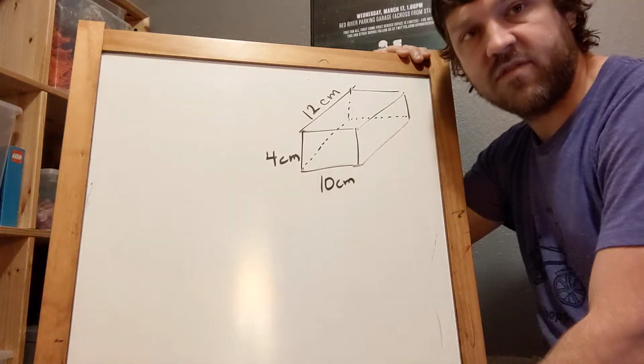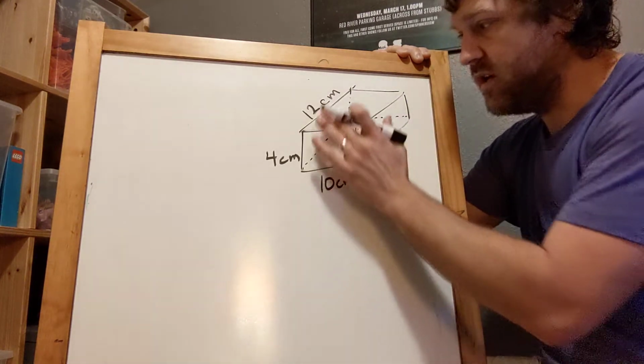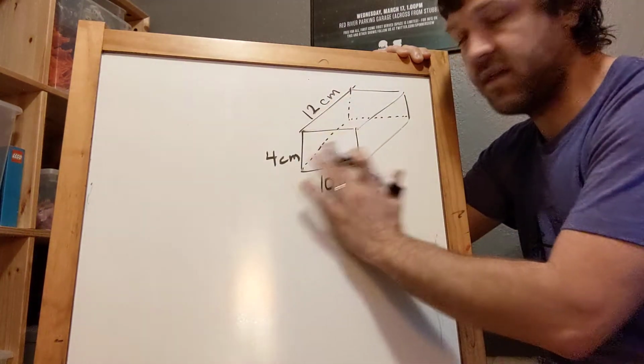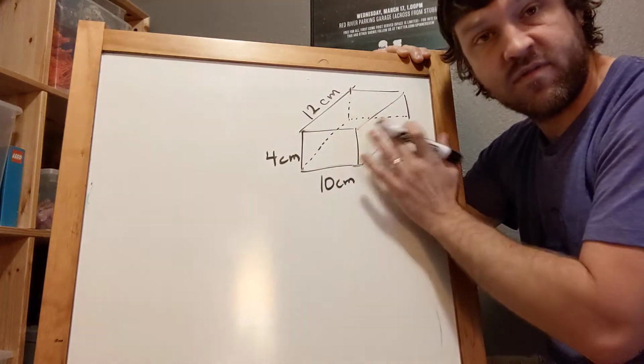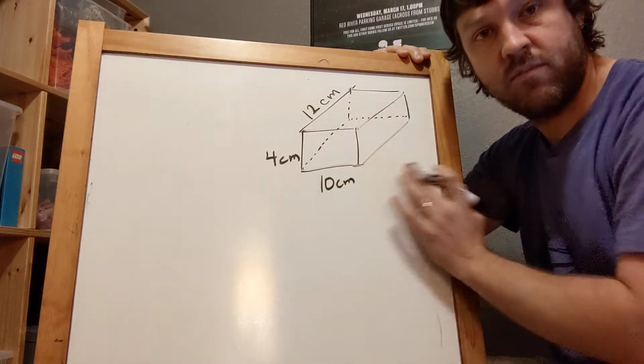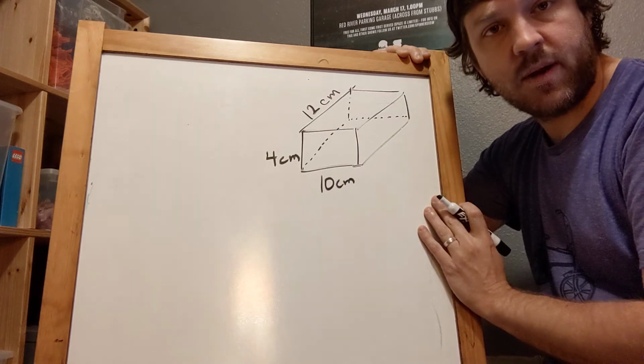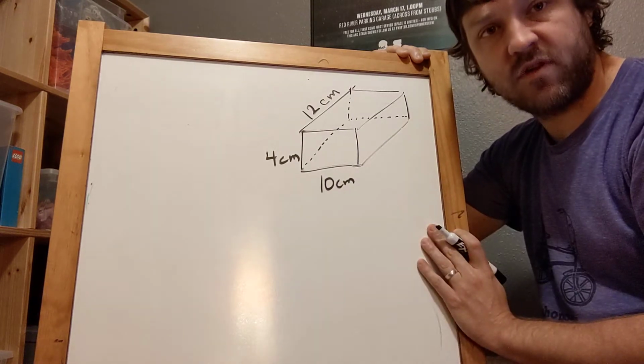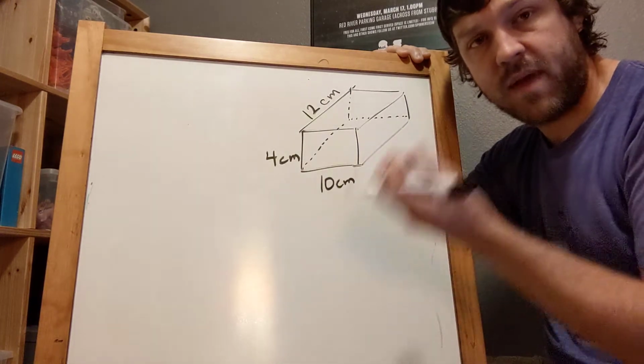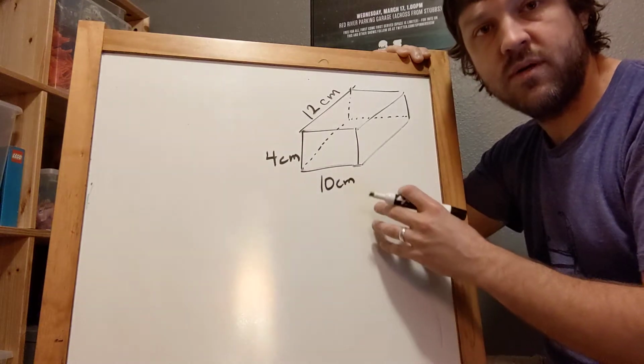So in order to find the surface area, which is talking about if I were to calculate the area of all the different faces of this prism, that's what I'd be talking about. So when I talk about finding the surface area, it's made up of two parts.